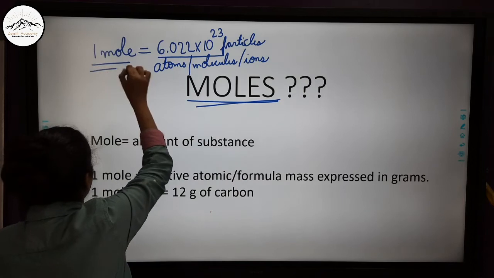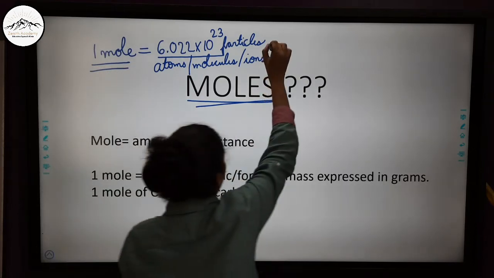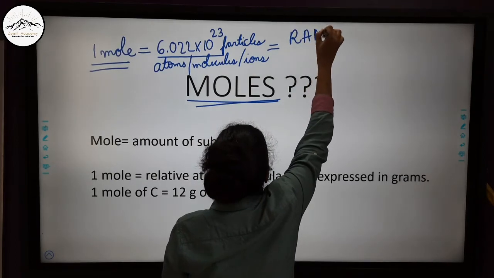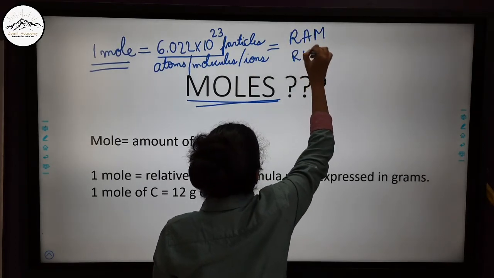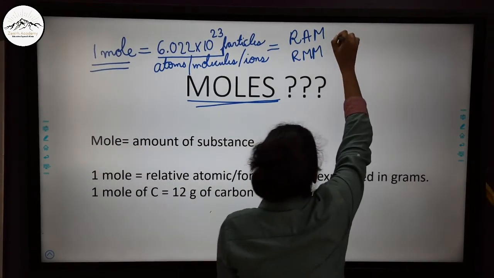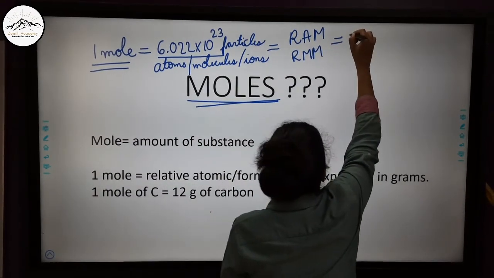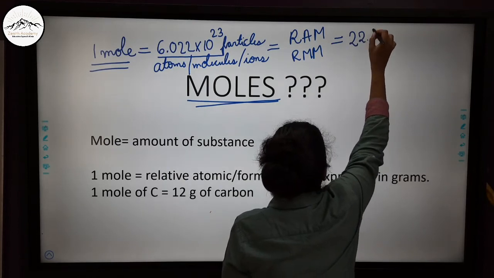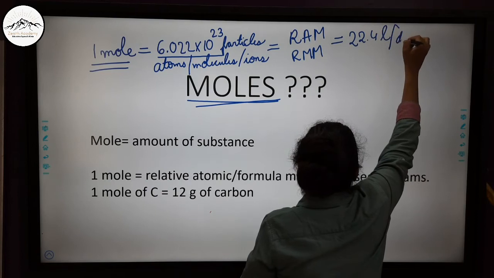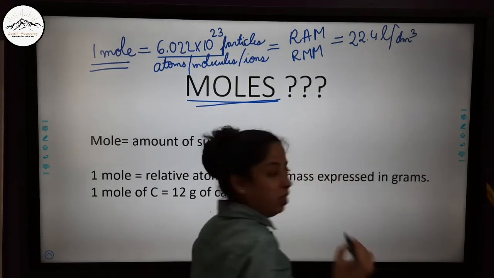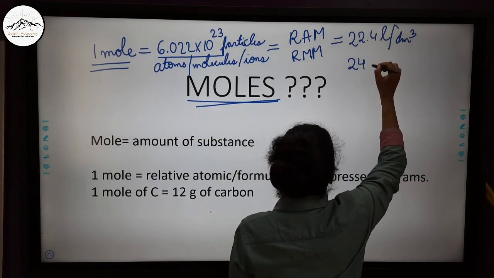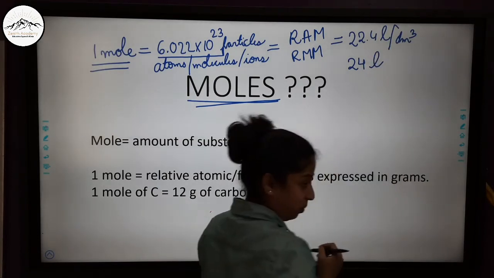corresponds to 1 mole. Now this 1 mole also corresponds to your relative atomic mass or your relative molecular mass. And this also relates to, when we are talking about gases, 22.4 liter or 22.4 decimeter cube. And in many curriculums, like in UK curriculum, it is considered as 24 liter or 24 decimeter cube.